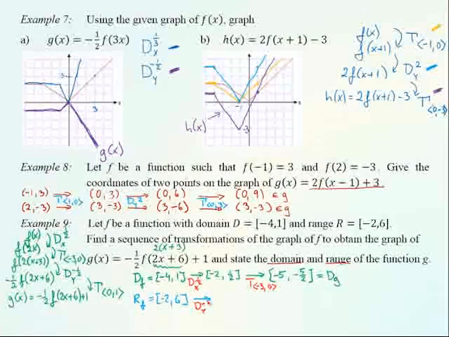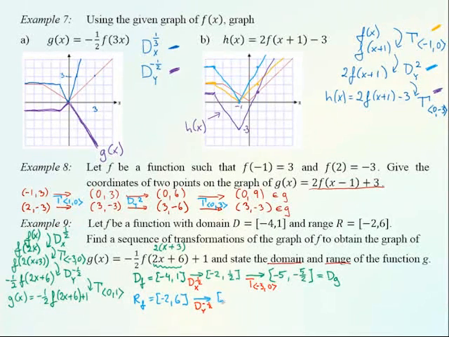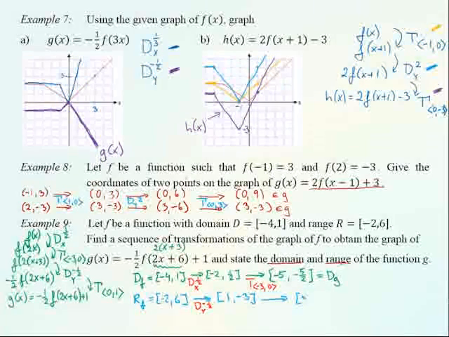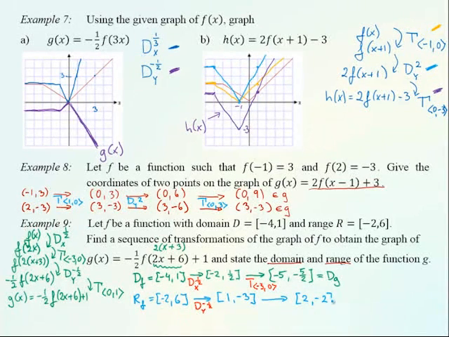That means that I'm multiplying the y coordinates by negative 1/2, that becomes positive 1, and negative 3. The next transformation will be adding 1 to the y coordinates. So this becomes 2 and negative 2. And that's the range of g function. Here we've been translating by the vector 0, 1.